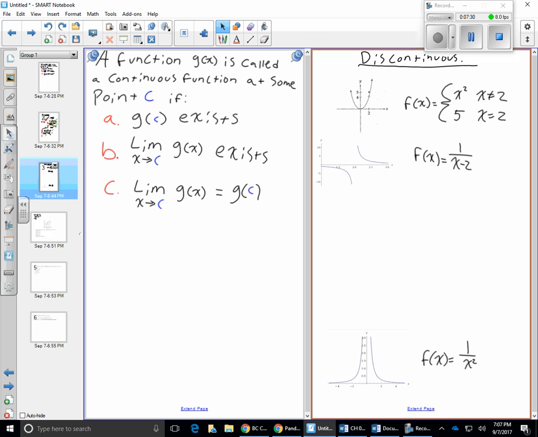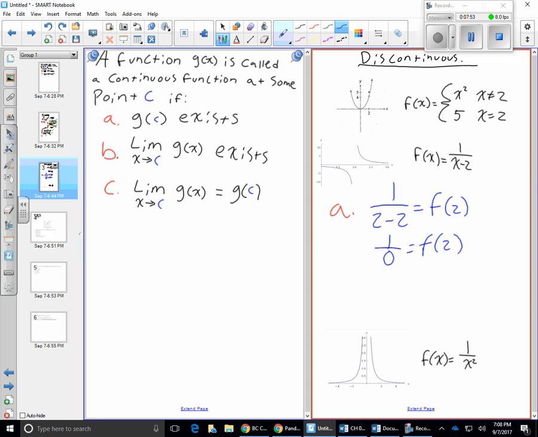If we're looking to see if f is a continuous function at x equals 2, well, let's try to throw in 2. So 1 over 2 minus 2 equals f of 2. That'd be 1 over 0 equals f of 2. 1 over 0 is not a real number. So that's our problem there.